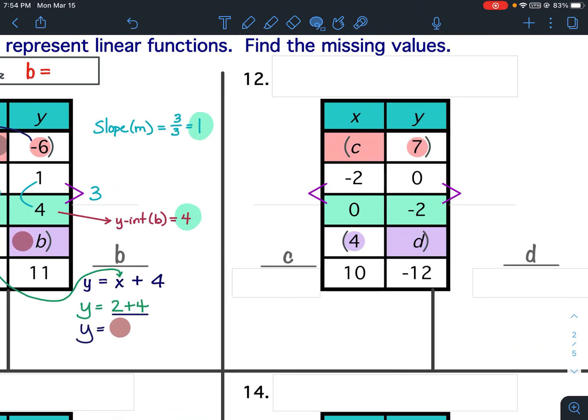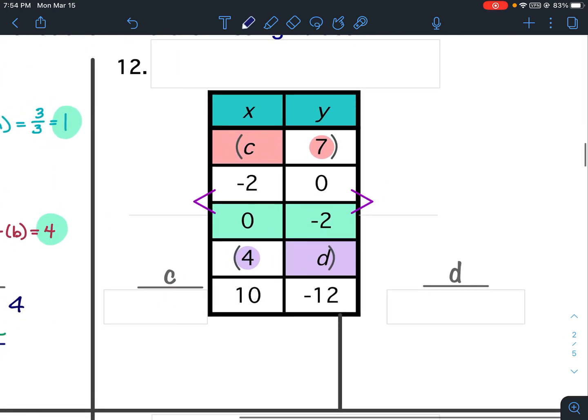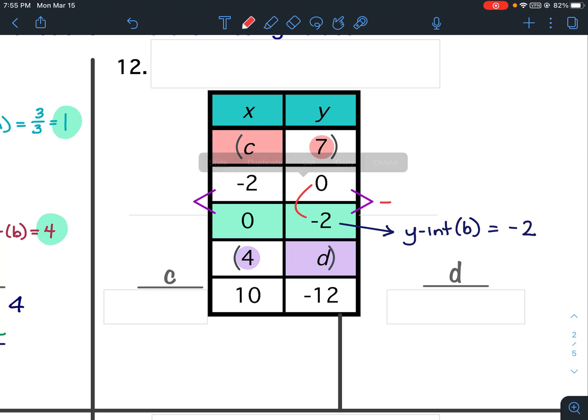All right, number 12. The y-intercept is the value of y when x is 0. Well, right there x is 0. Its corresponding y value is negative 2. So that means my y-intercept is -2. For the slope, I'm going to take -2 minus 0. That would be -2.